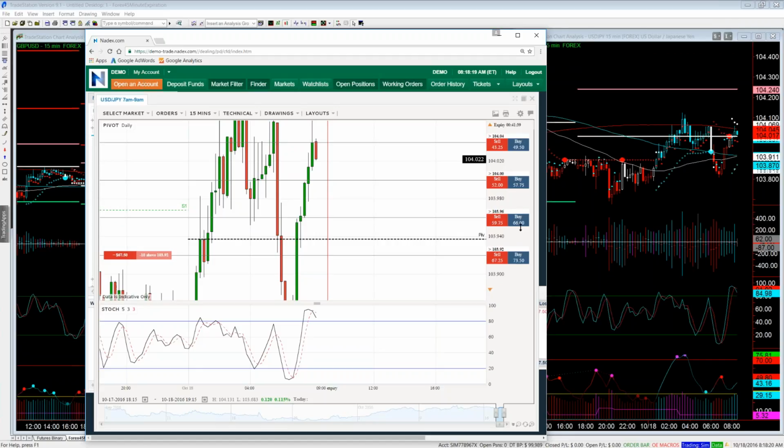It's a little bit early right now, but it looks like we also have hidden divergence over here between the stochastics and price. We need this bar to finish, and that bar doesn't finish for probably another 6 to 7 minutes.